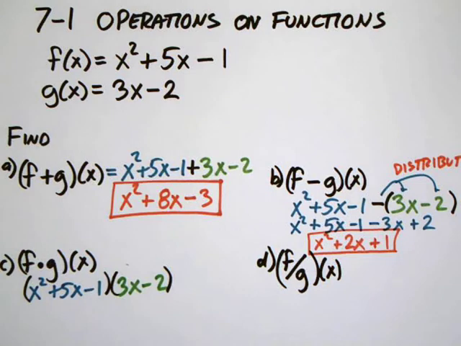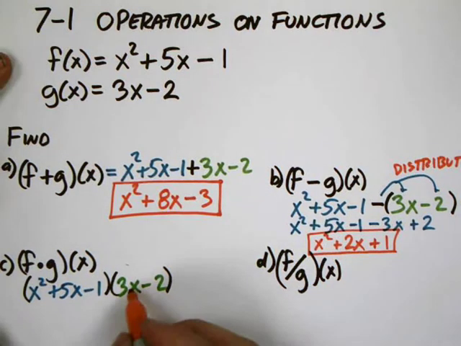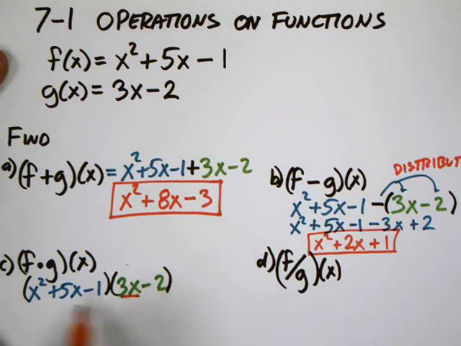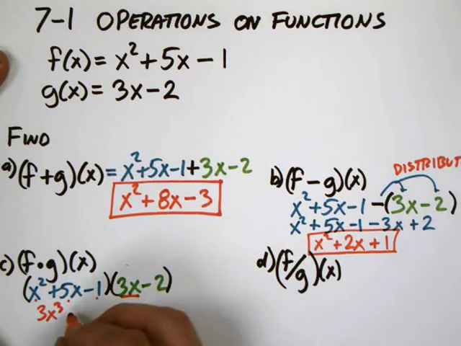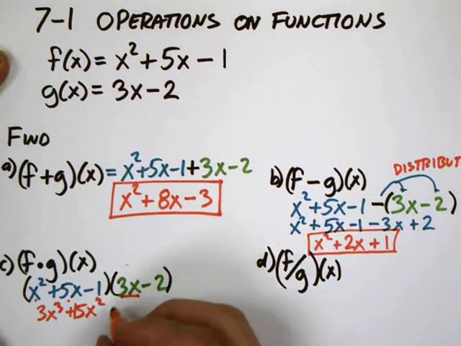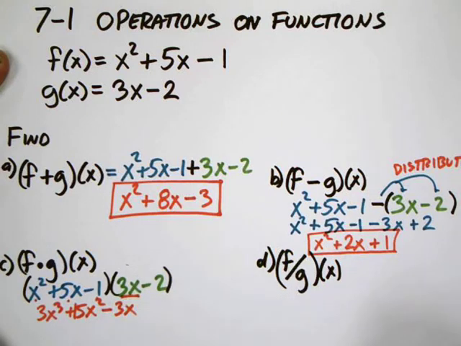So this is a big distributive property problem. So let's start with our 3x. Let's distribute backwards. I'm going to multiply my 3x times every single term over here. So 3x times x squared, 3x cubed, 3x times 5x, 15x squared, 3x times minus 1, minus 3x.